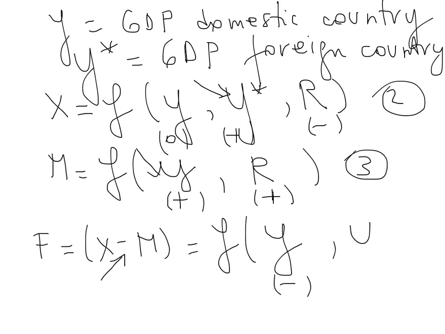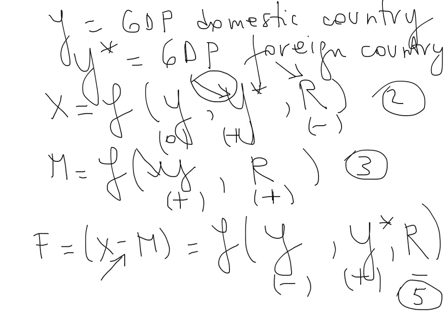Then Y star is in X. X has a positive sign, so we keep the sign. And R is going to be negatively related from here. X minus M: X is positive, so we keep the sign. And that's going to be our equation number 5.